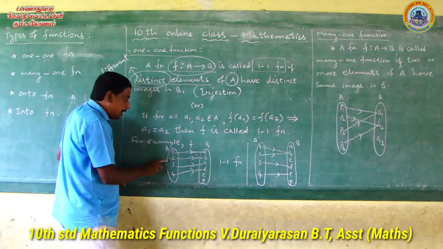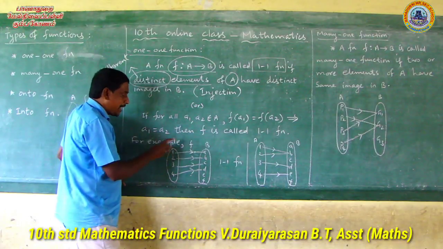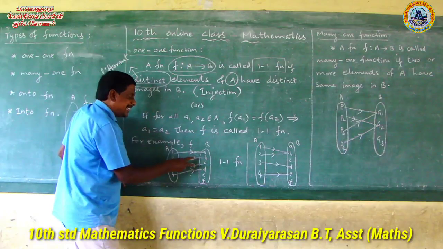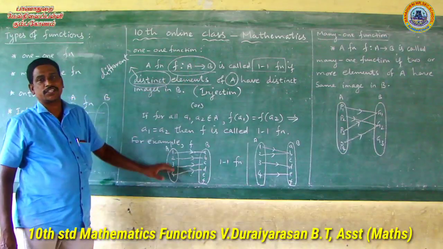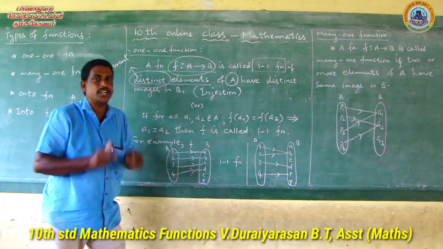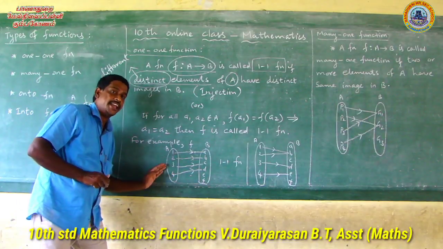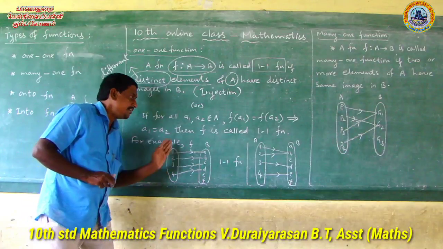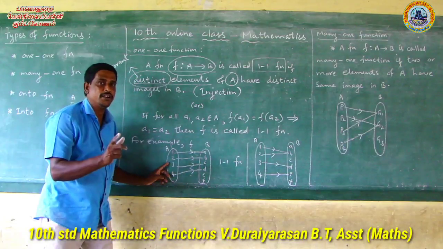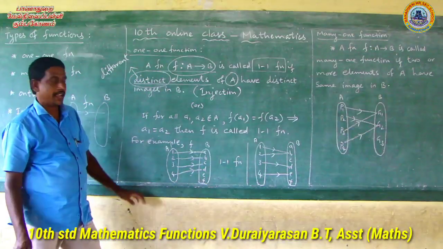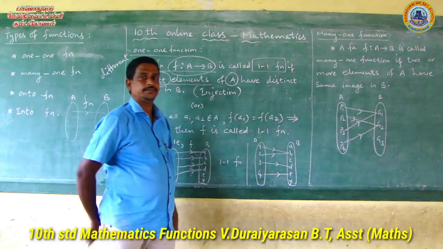No. All the elements of A have a distinct image in B. So, this type of function is called one-to-one function. Distinct elements in A mapped to distinct elements of B is called one-to-one function. Okay, right? I will explain one more example.